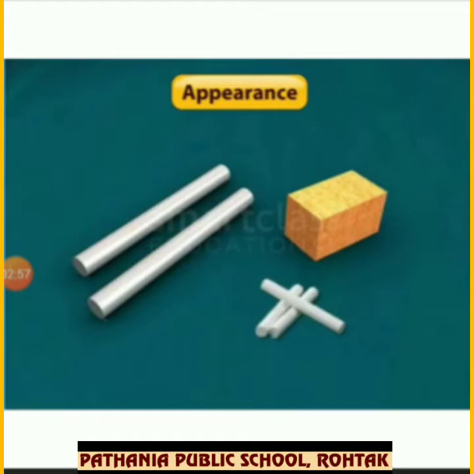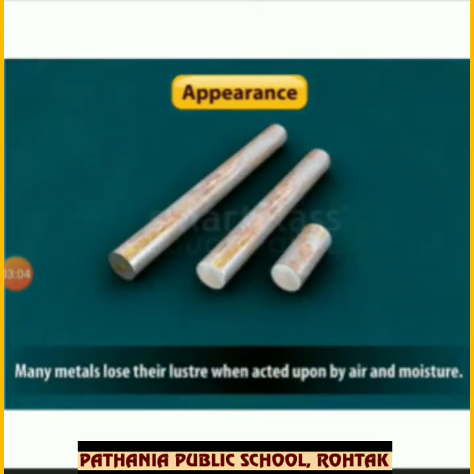Although iron, copper and aluminium lose their shininess and appear dull due to the action of air and moisture on the surface, we should look for the luster on a freshly cut surface of such metals, or after rubbing their surface with sandpaper. Another example is materials having a dull appearance like paper, wood, chalk, cotton, rubber, sand. All these have no luster. So this is the first property, that is appearance.